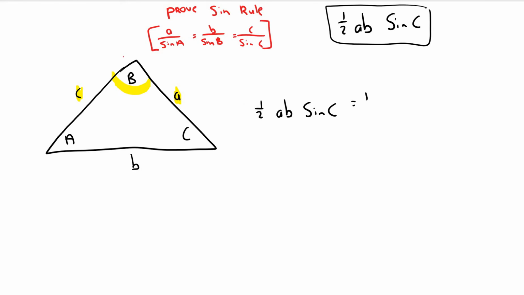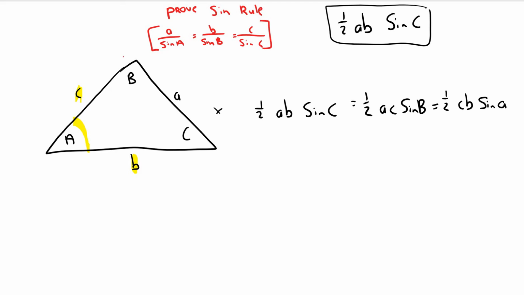So in this I'm going to say half ac sine B. And that will equal, and you should be seeing it by now, if I take this angle and these two sides, that will also give me the area. So that will equal half cb sine A. Now I'm going to multiply across by 2 to get rid of the half.